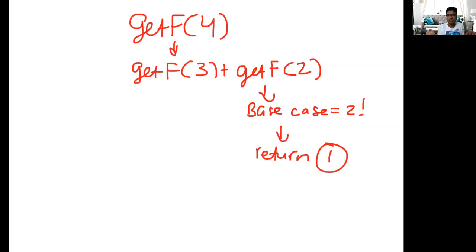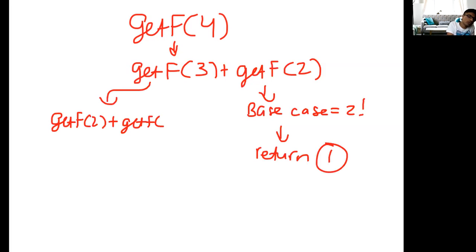Then we have this function. Now we don't have a base case for a condition checking when our number, the parameter, equals 3. So another function is going to get called here, meaning we're going to call getFibonacci n minus 1, which is 2, and getFibonacci again, that n minus 2, which is 1. Now we have base cases for both of these. So I know that our base case for 2 is going to return the number 1.